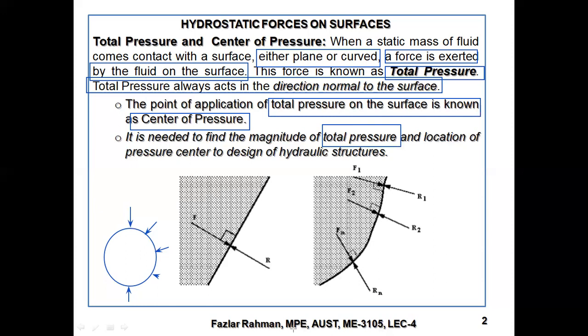For example, right over here is a curved surface. It might be a portion of a bucket or a special container. So you fill up this container with a fluid. Then right over here, the fluid will apply pressure perpendicular to the surface.